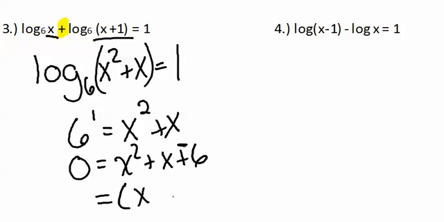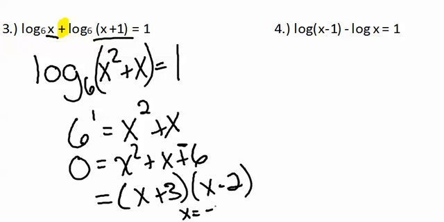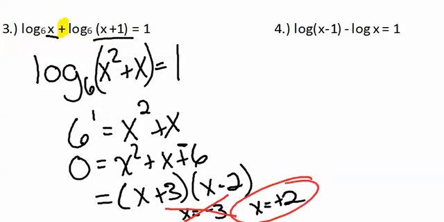We're going to get x plus 3, x minus 2. And so we get x equals negative 3, and x equals positive 2. And you might recall in another section, we can't have negatives for an argument either, so the answer will just be 2.